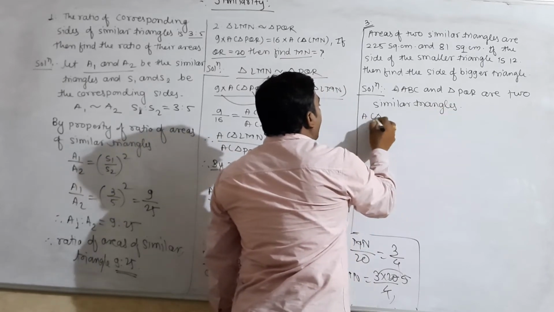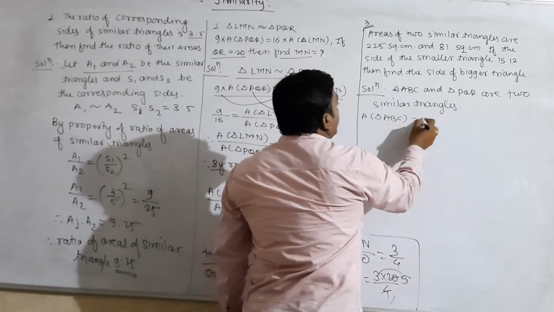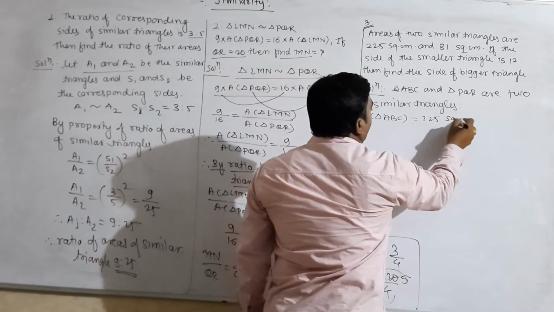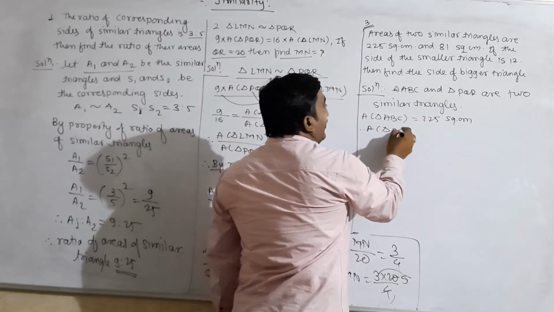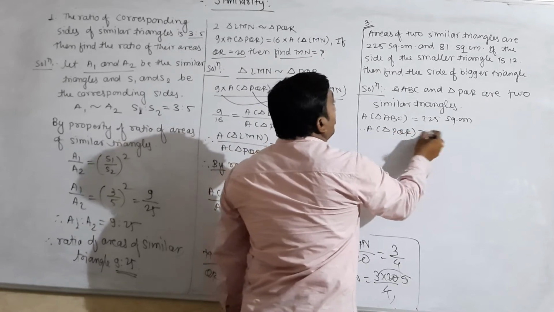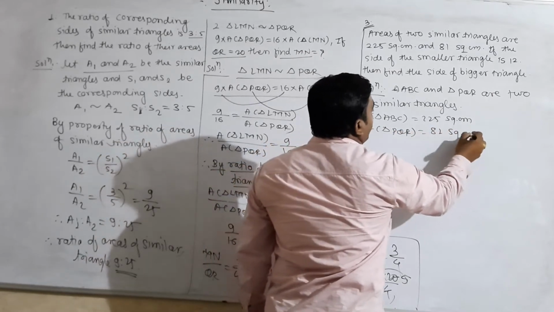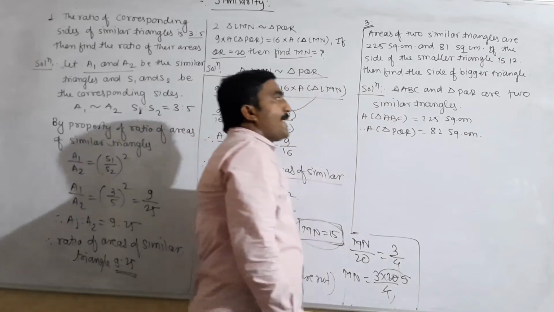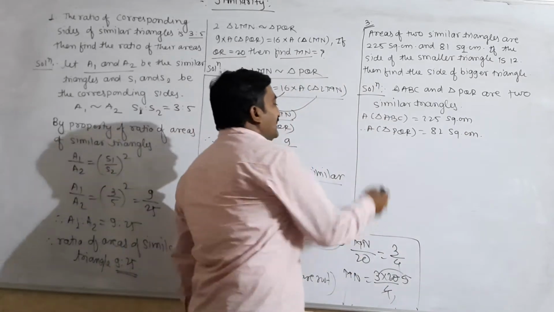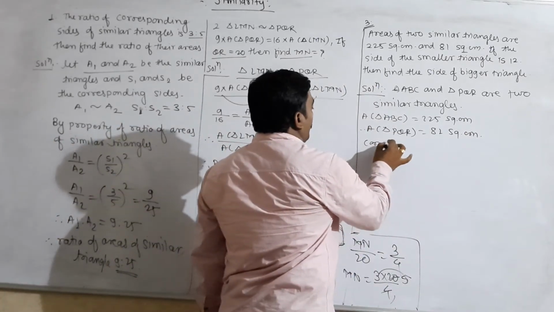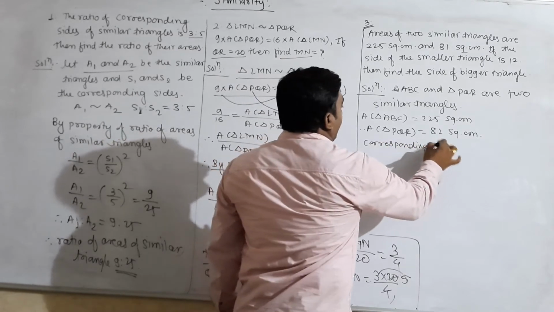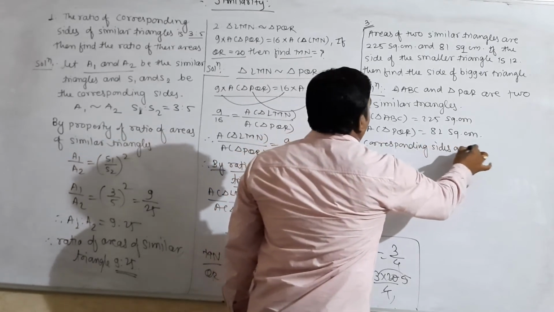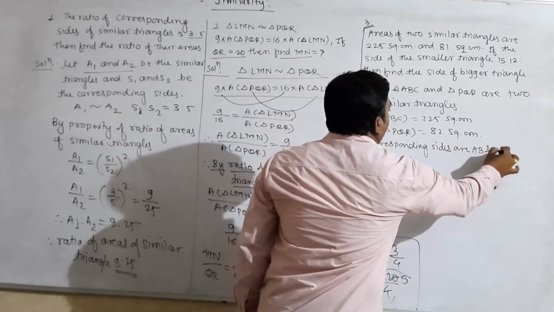So area of triangle ABC is equal to 225 square centimeter, and area of triangle PQR is equal to 81 square centimeter, and their corresponding sides are AB and PQ.